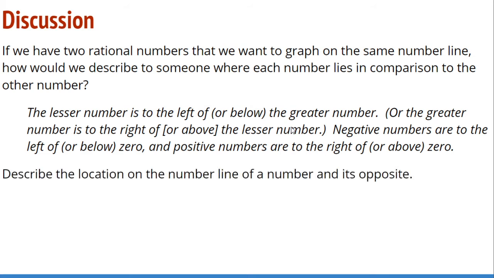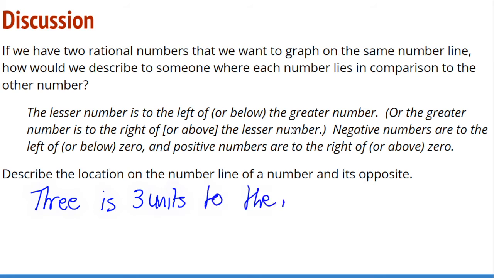So go ahead and describe the location on the number line of a number and its opposite. Go ahead and pick a number of your own choosing and describe the location on the number line of that number and its opposite. So for example, if I had 3, 3 is 3 units to the right of 0, or above 0 if I've got a vertical number line.